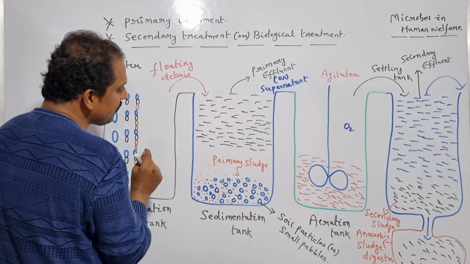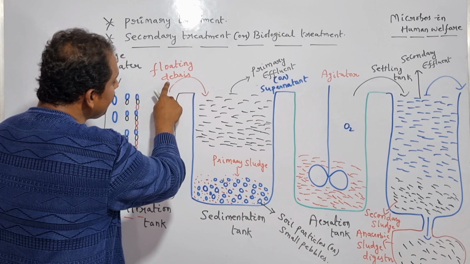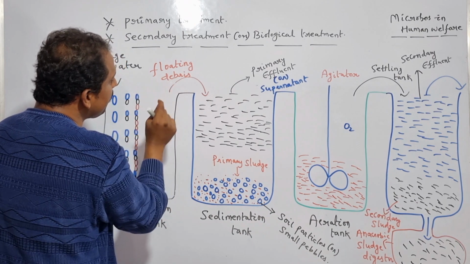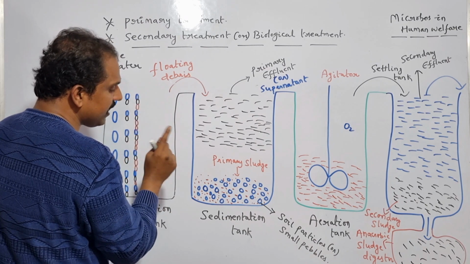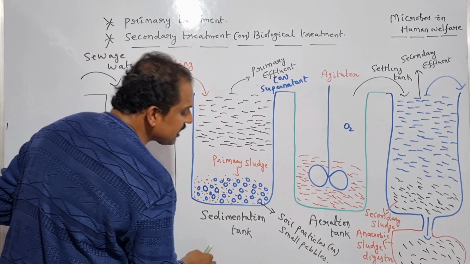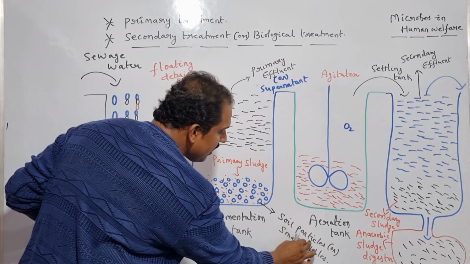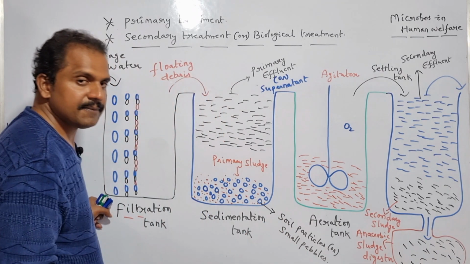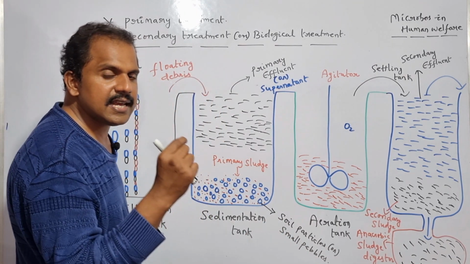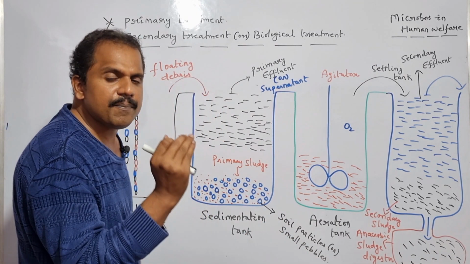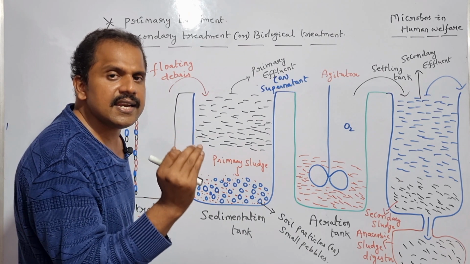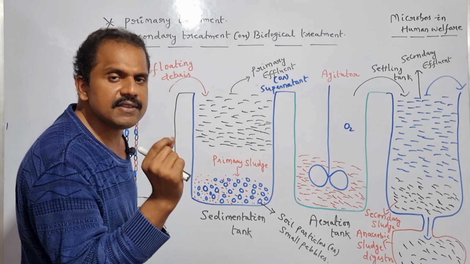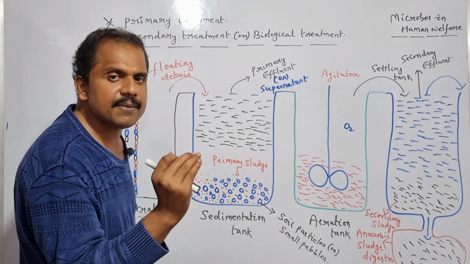Now the sewage water not only contains floating debris, but also some other components like soil particles and small pebbles. The soil particles and small pebbles that are part of the sewage water generally settle at the bottom of the sedimentation tank, and here it is termed as what?